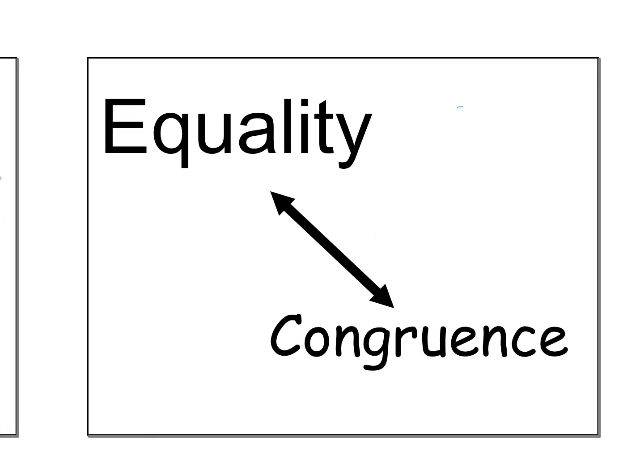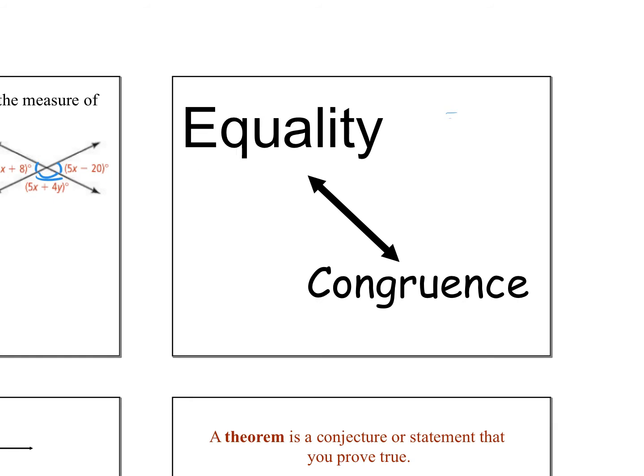Equality and congruence. Equality is equals. Measures are equal. So the measure of angle 1 equals the measure of angle 2. Angle 1 is congruent to angle 2. I mentioned this a while ago. I'm bringing it back. Because we can go from one to the other by definition of congruence. Measure of angle 4 equals the measure of angle 5.